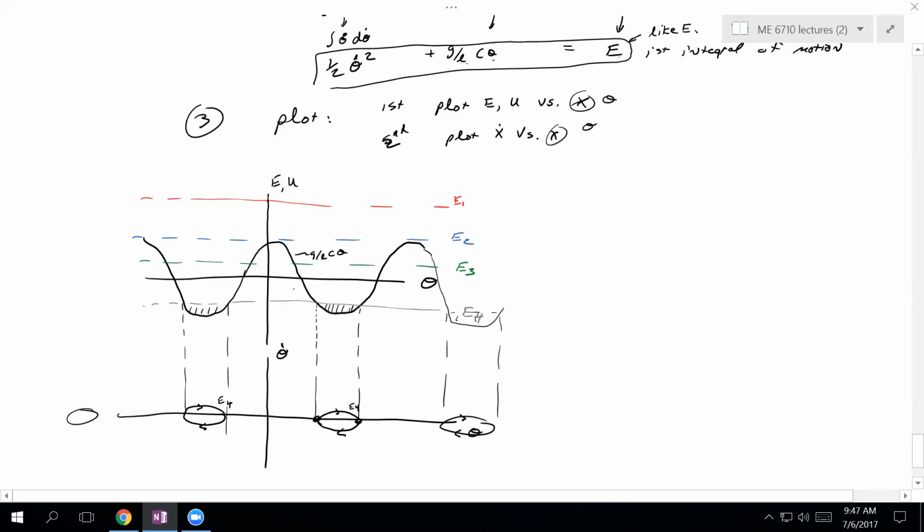Now, let's move up to E3 energy. It looks like it's the same thing. I can exist only in this region up here. I come to zeros right here, so I get the same kind of motion, just larger.